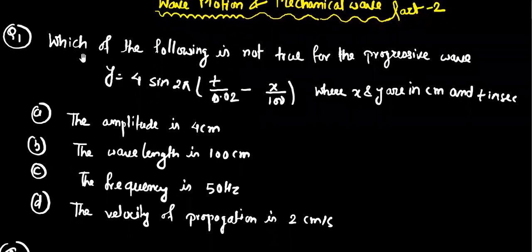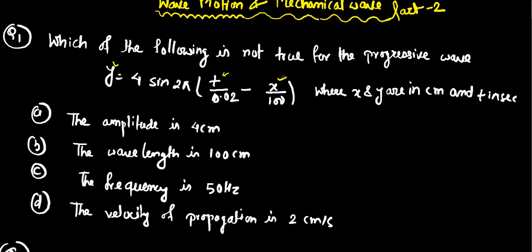In this question, it is said that which of the following is not true for the progressive wave. The equation of wave is given here, and the parameters: y is particle displacement, x is the position of wave, and t is the time lapse.